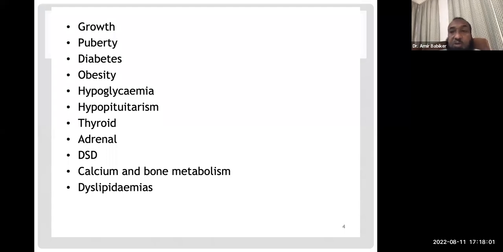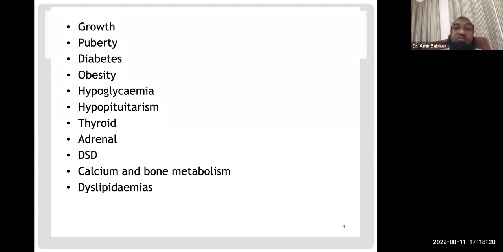It's one of the important topics you need to cover in your pediatric revision. So you need to know about primary and secondary dyslipidemias, and the subtypes of primary dyslipidemia and the different causes of secondary dyslipidemia.